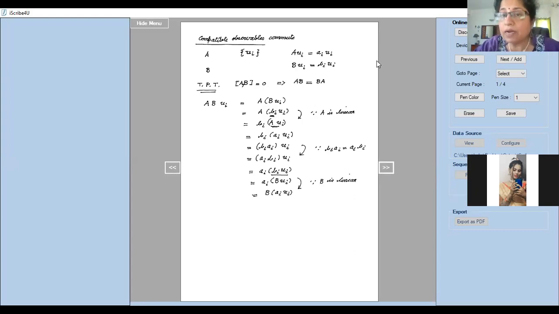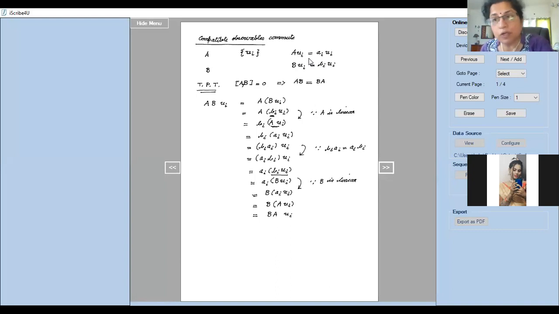I know that they are linear simply because they are observables. If they are observables, they are linear. Please remember this. You remember all those properties I put for observables? We did that a few classes back. Kindly go back and refer to your notes. Then I can write it as BA ui.